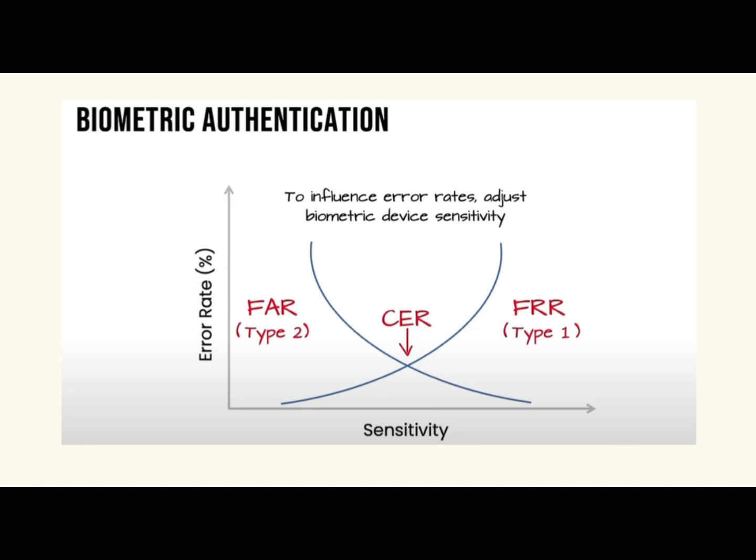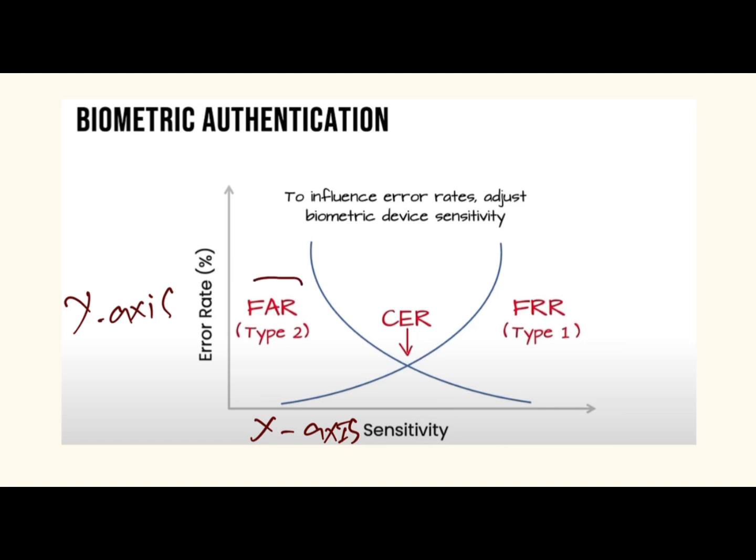The x-axis shows the sensitivity of the biometric, right? And the y-axis shows the error rate, including both types of errors, right?